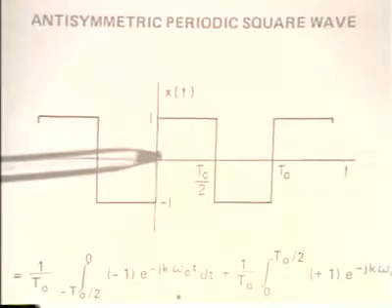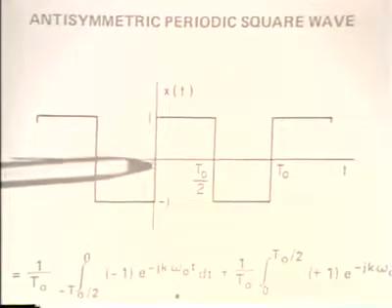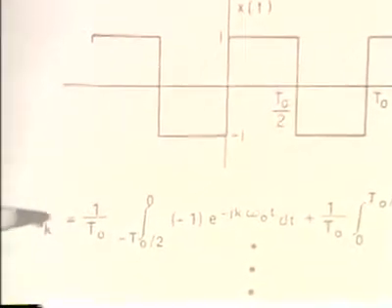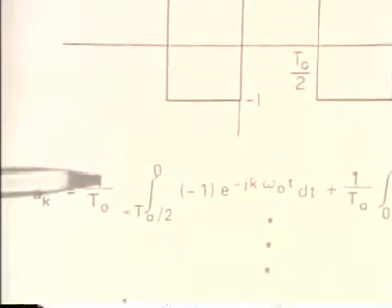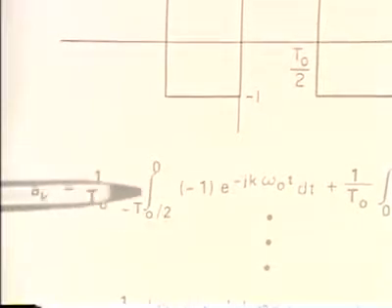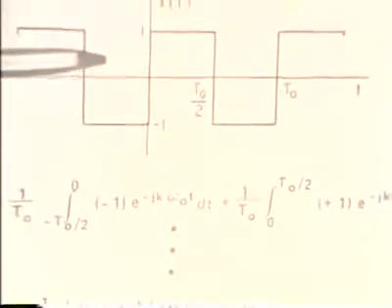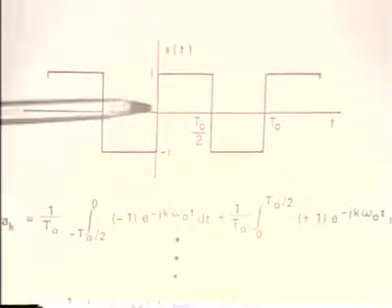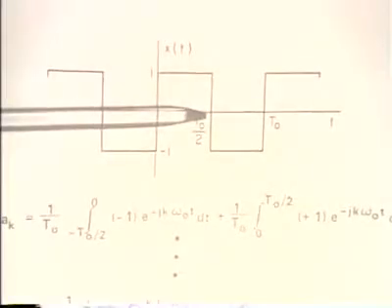Now, the expression for the Fourier series coefficients tells us that we determine a sub k by taking 1 over t0 times the integral over a period of x of t e to the minus jk omega 0 t dt. The most convenient thing in this case is to choose a period which goes from minus t0 over 2 to plus t0 over 2.